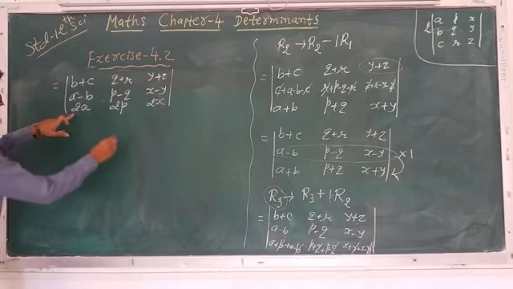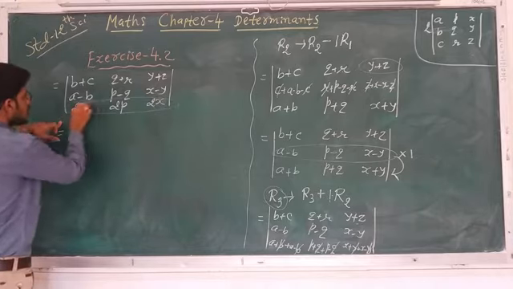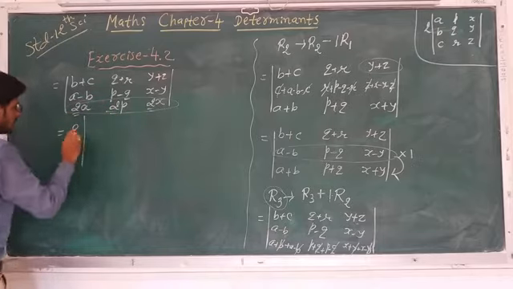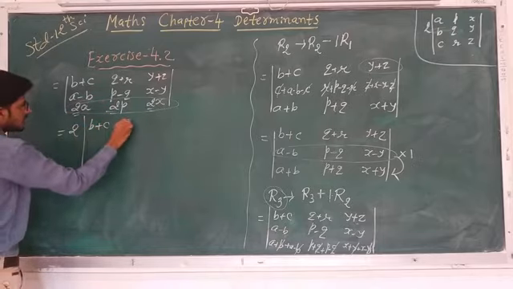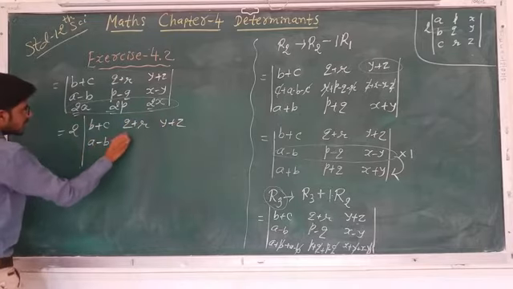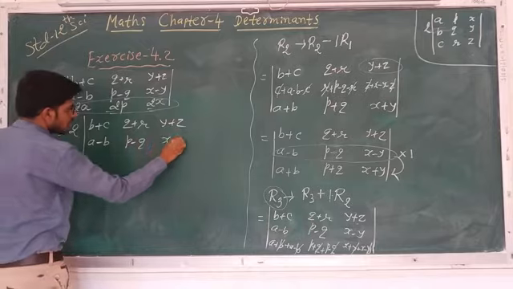Here observe that in the third row we can take out common 2, so we take 2 outside the determinant: b plus c, q plus r, y plus z, a minus b, p minus q, x minus y.